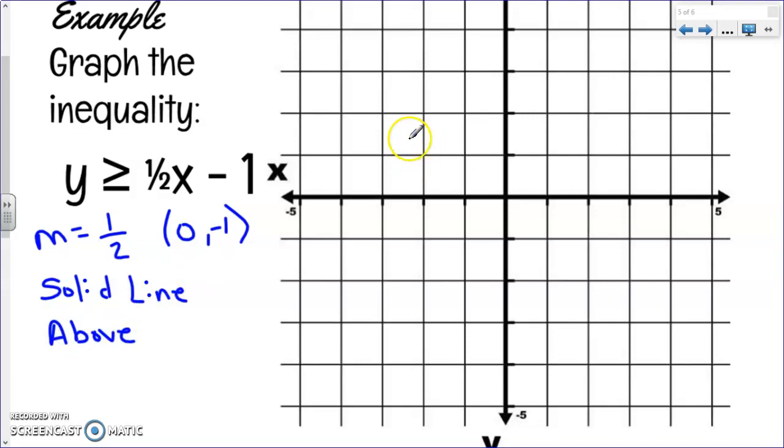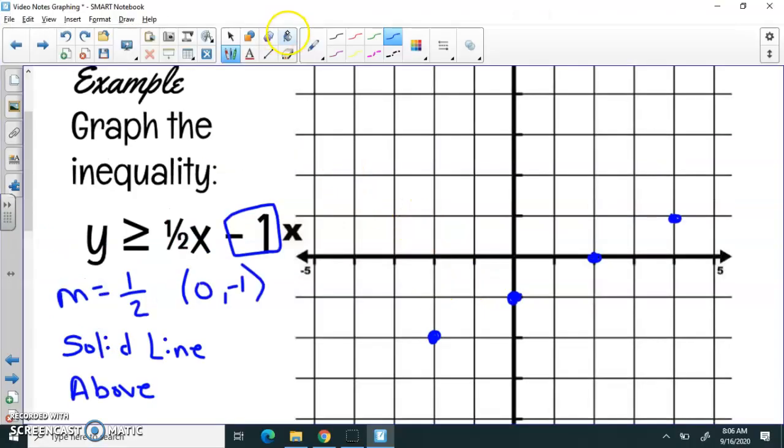So let's start at 0, -1. Don't forget this negative goes with that 1. Slope is 1/2: up 1, over 2, up 1, over 2. Or if I needed to, I could go down and left, because a negative divided by a negative is a positive. This one is a solid line.